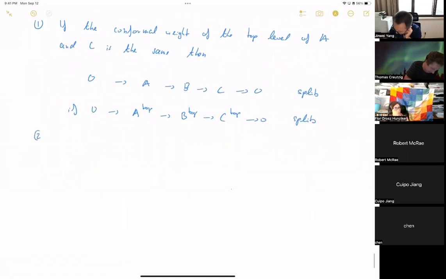And the second statement is if the conformal weights are different, then there is no extension, it always splits.